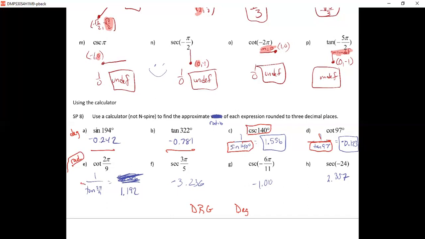So 1 over the tangent of 2 pi over 9. Secant, this is going to be 1 over the cosine of 3 pi over 5. This is 1 over the sine of negative 6 pi over 11. And the secant would be 1 over the cosine of negative 24. And this, yes, is a radian, and you know it's a radian because there are no degrees right there.